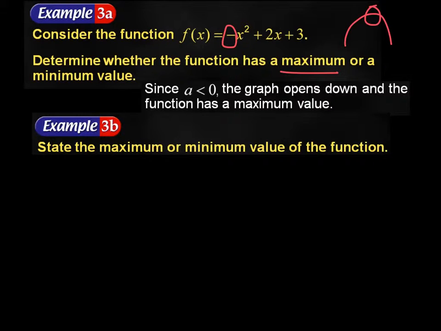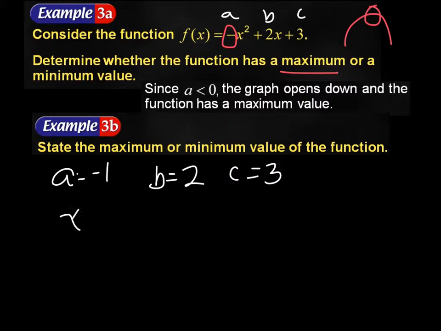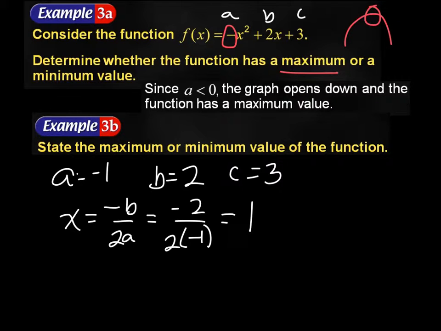Okay, we've got a equals negative 1, b is 2, and c is 3. So we're going to put it in to find where the x-coordinate of the vertex is going to be, at negative b over 2a. So we've got negative 2 over 2 times negative 1, which is just going to be 1.